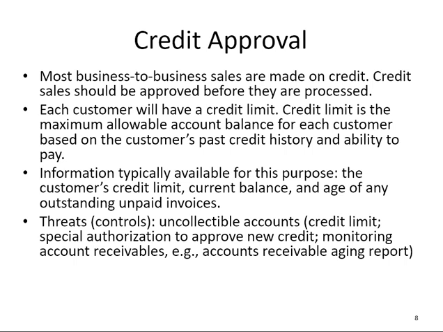Most business-to-business sales are made on credit, and credit sales should be approved before they are processed. Now, each customer will have a credit limit. The credit limit is the maximum allowable balance for each customer to use, and this is based on the customer's past credit history and ability to pay.